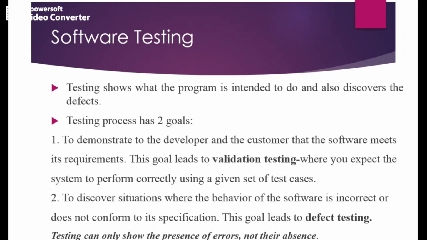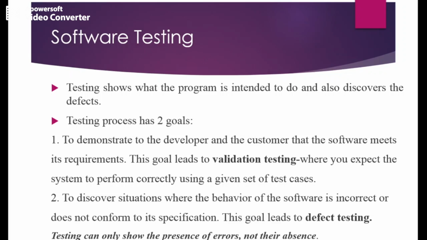Testing shows what the program is intended to do and also discovers the defects. So we have two parts in this definition. Testing shows what the program is intended to do. So mainly when you test any component or any software product, it will exactly give the output, isn't it?